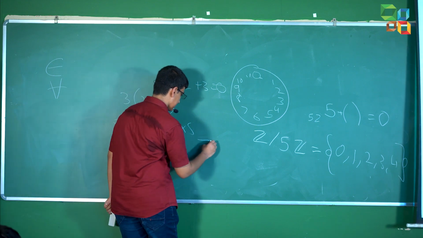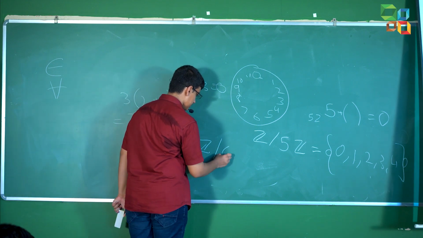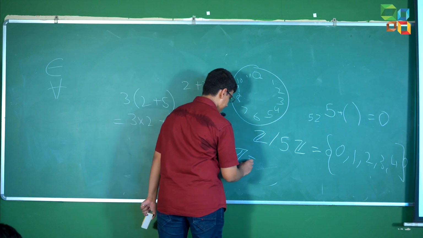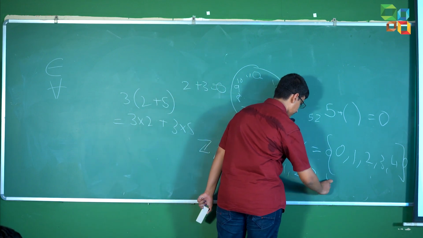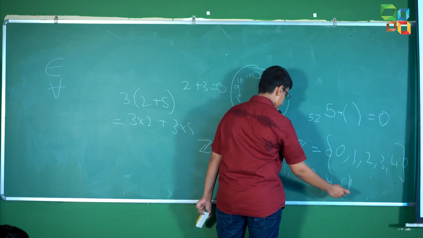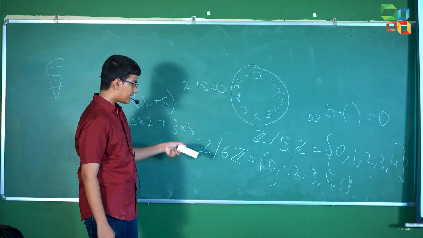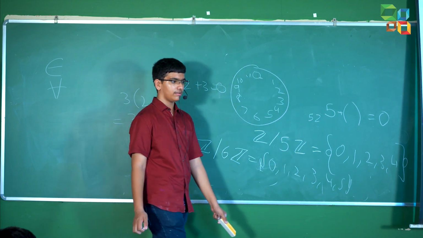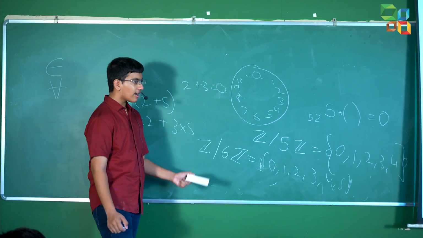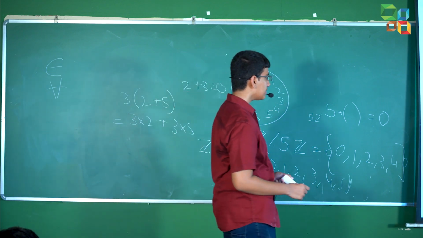I'll give another set. Let's say Z mod 6Z. This is 0, 1, 2, 3, 4, and 5. What do you get when you multiply 2 and 3 here? 0. Okay, so now keep that in the back of your mind.